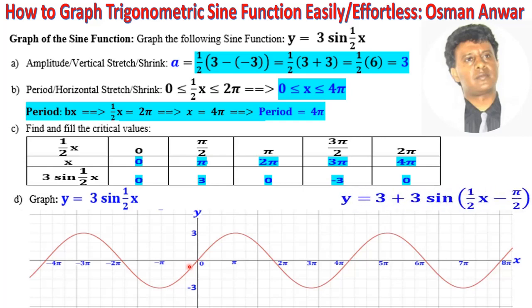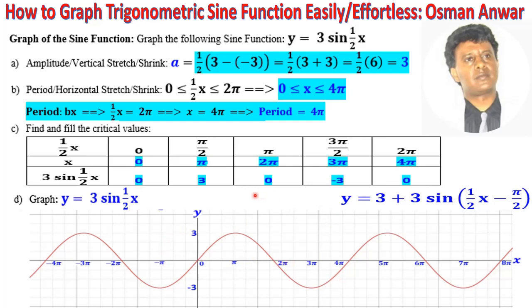Next time I will take this. In the next video I will add 3 in front of the 3. That will shift the graph vertically by 3. Then I will subtract pi over 2 from half x, and that will shift the graph to the right by pi.